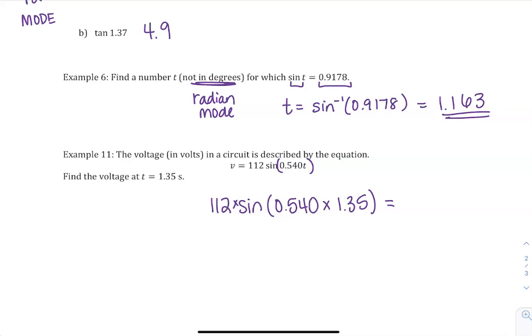And so we'll do all of that after the sine and parentheses. That way we know that we're taking the sine of that product, not sine of just 0.54. And we get an answer of 74.6, and this is voltage, so we're dealing with volts.